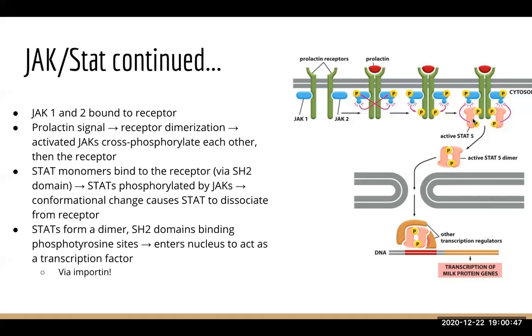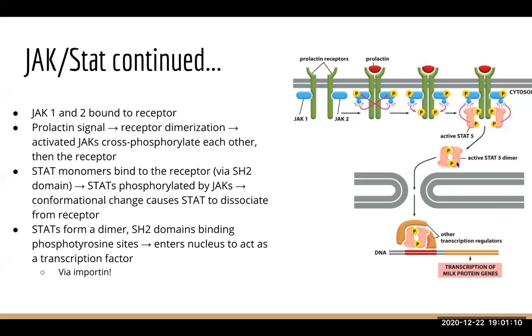Once they're phosphorylated, they change conformation and can dissociate from the receptor. Then they form a dimer, each binding to the phosphate on the bottom. They let go of the top phosphate, and you see how one kind of flips, so they each bind to the phosphate that was put there by the JAKs.